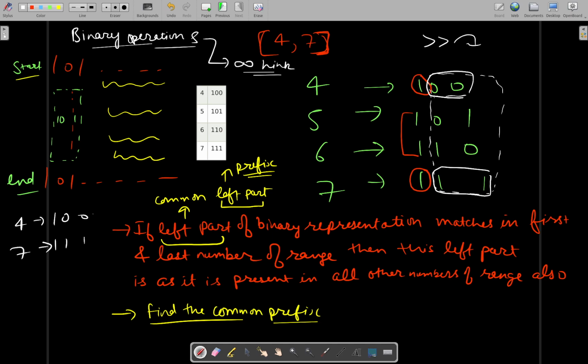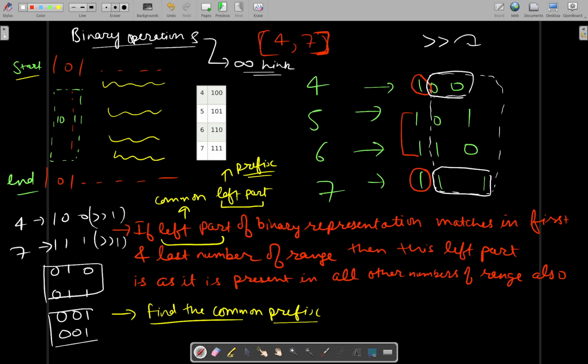After the first binary shift towards the right, 4 will be something like this, and your 7 will be something like this. And you will be counting how many times you shifted their bits towards the right. After the second binary shift, your 4 will be this and your 7 will be this.